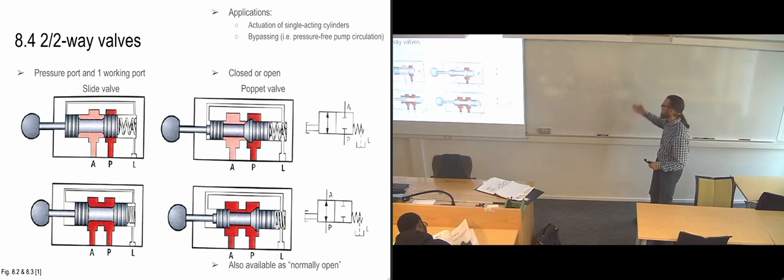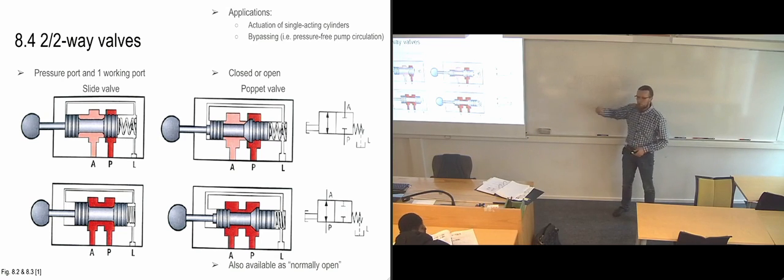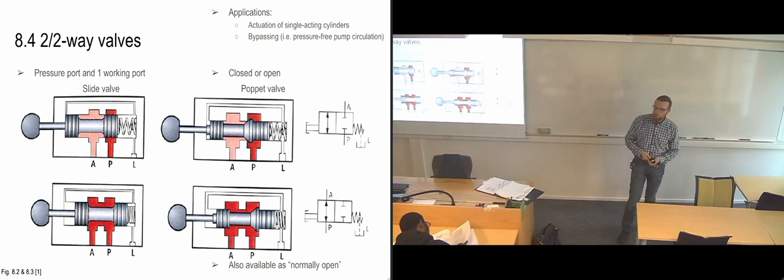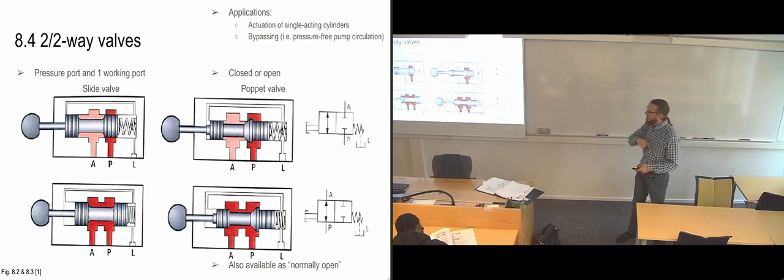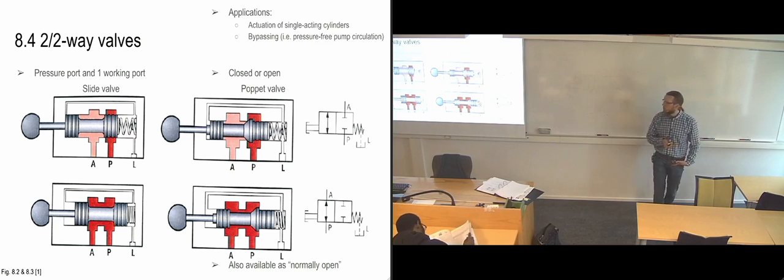So in an emergency where you couldn't run this valve, you could have an operator come in and push the button, and maybe have a detent instead of a spring on it. Then you would have circulation between the pump and tank, so it would just run the fluid until you got time to fix the valve that was broken.